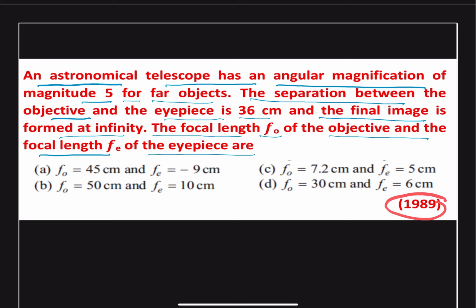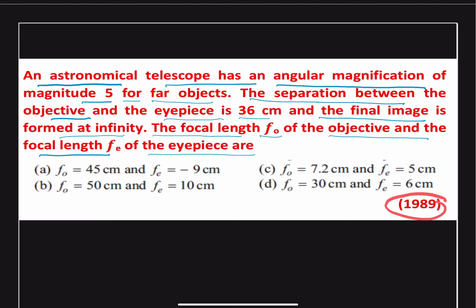So in this case, we can use the formula which gives us the direct relationship for the solution. Here we have to keep in mind that the angular magnification is given to us as 5, and based on this angular magnification, we are going to solve it. Okay, so let's start from the given things.